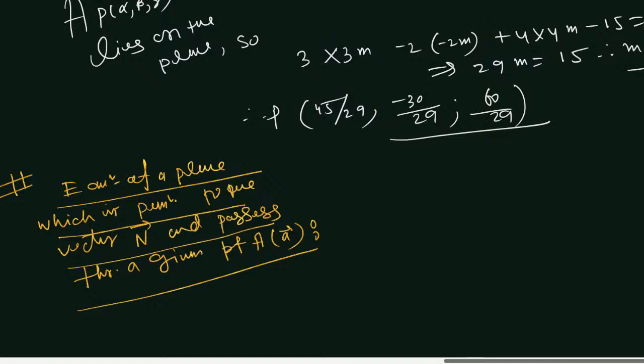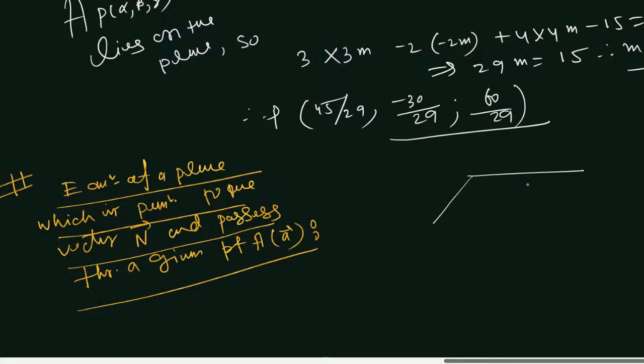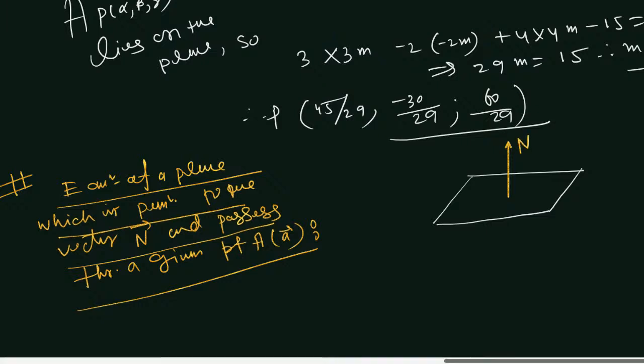But if you want to find a coincidence, what will be the equation? So let me take a plane first. This is our plane. A vector, if perpendicular to the plane, then it is perpendicular to all the lines of the plane. This we have learned. Okay?